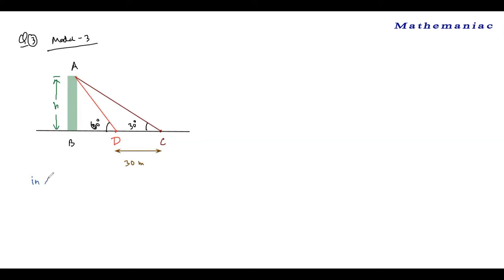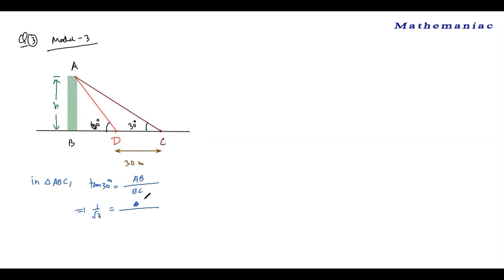So first of all, you choose any triangle now. 45 degree is not here, so I can choose any triangle. Say ABC I have chosen. In this triangle, tan 30 degree will be equal to AB by BC. Now whatever possible values are there, you put. This is 1 by root 3. AB cannot be put.